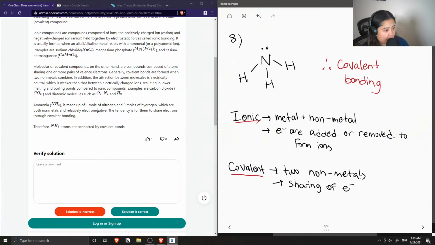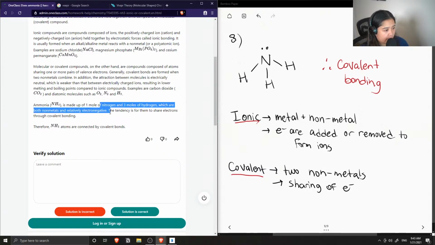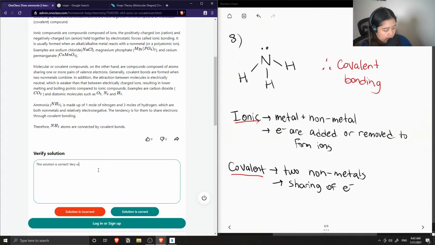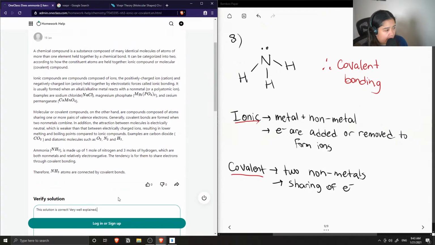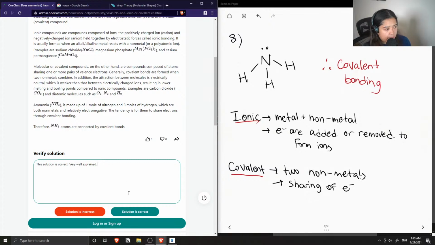Okay, so they say that they are both nonmetals, so they share electrons. So this solution is correct. They had a very well explained explanation, but in the interest of time, I'm just going to briefly go through it. Yep, but the solution is correct.